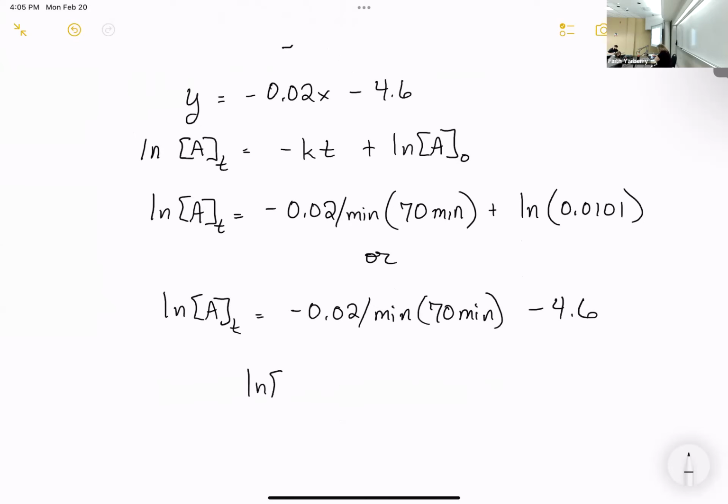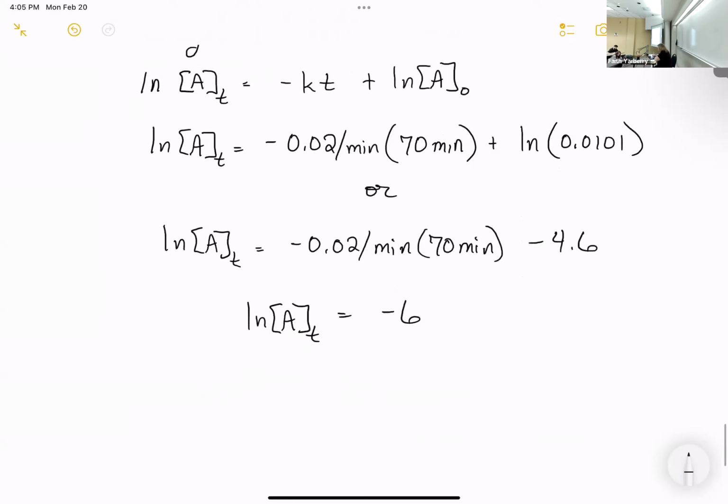No matter which way you do it, you're going to get a natural log of AT is equal to -6. AT, therefore, when you take the exponential of both sides, is 0.0025 molar.